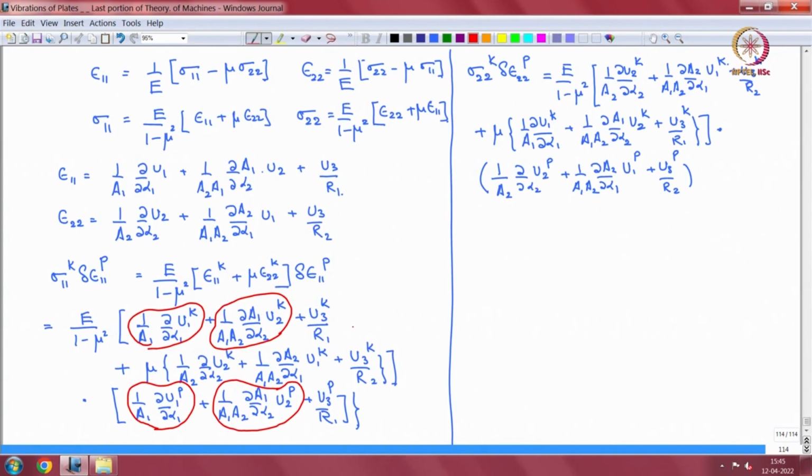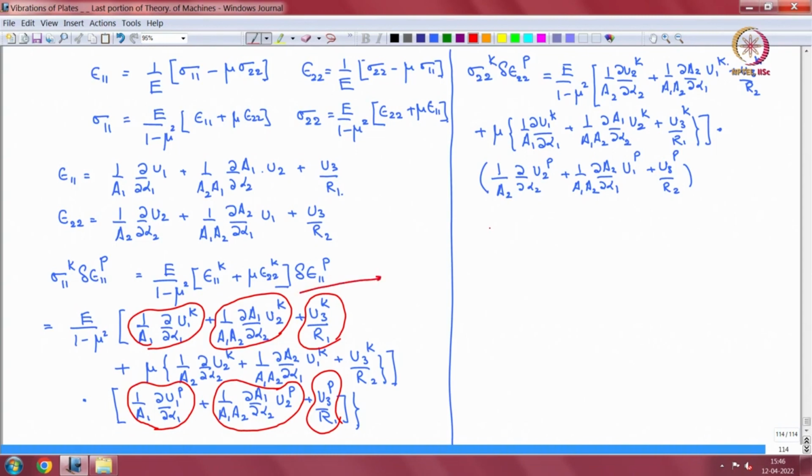Similarly, we have this term, and we have this term. Then what do we have? Then we have a term. I'm just looking for some of the terms.